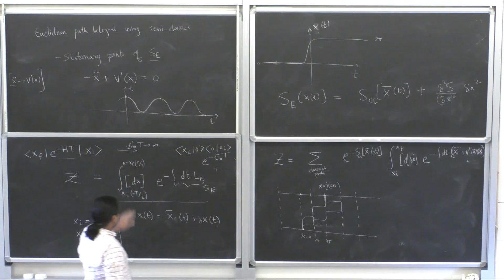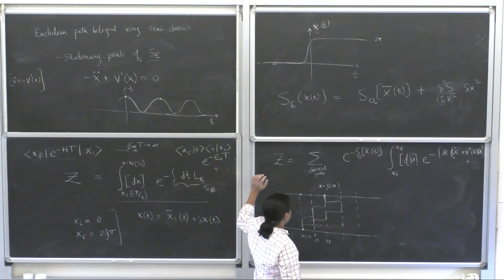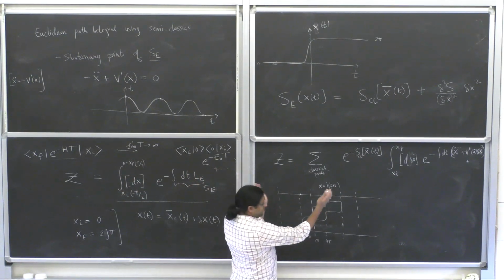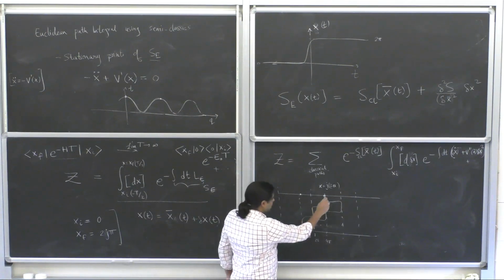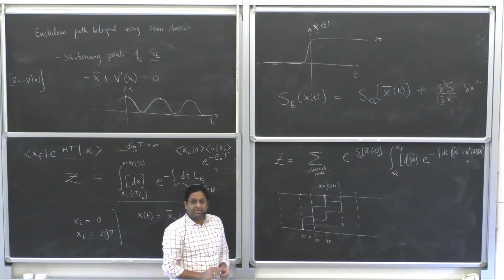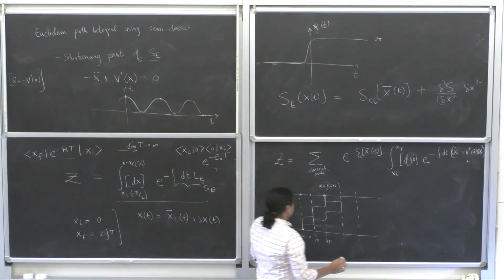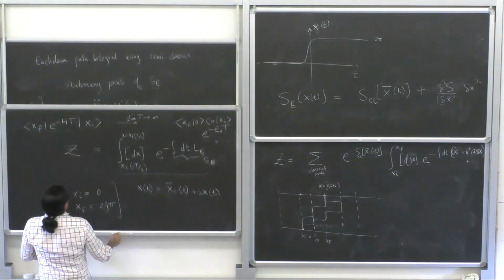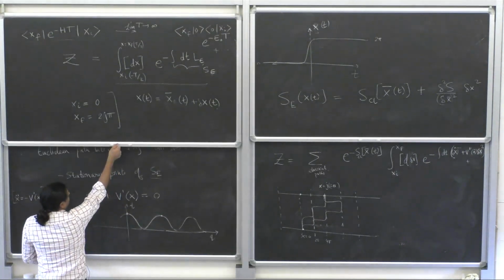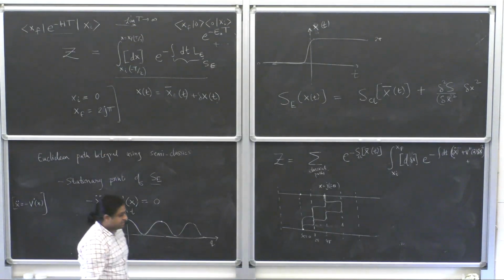The path integral that we want to compute requires a sum over all paths, but in the semi-classical approximation, it's dominated by these paths plus small fluctuations around these paths. So in that approximation, we can evaluate what the path integral looks like, now with a specific boundary condition.